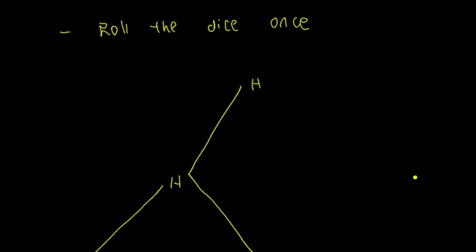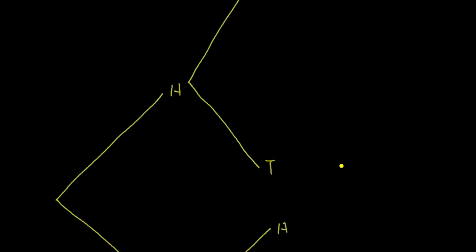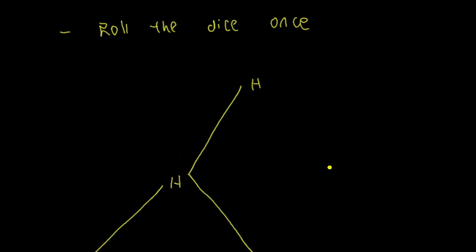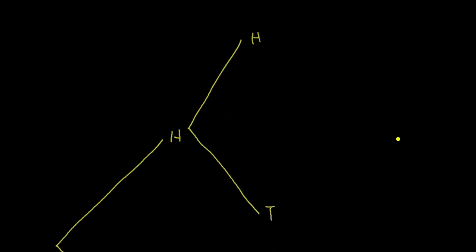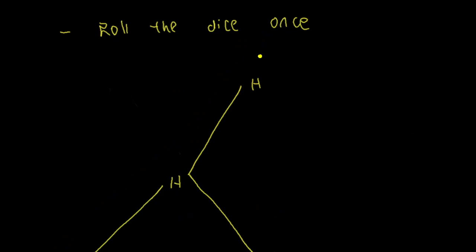So you could possibly have 6 outcomes. But factor in that you already tossed the coin twice. So the first outcome could be head head, and 6 possible outcomes in rolling the dice: 1, 2, 3, 4, 5, 6.